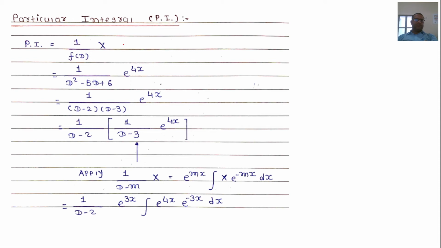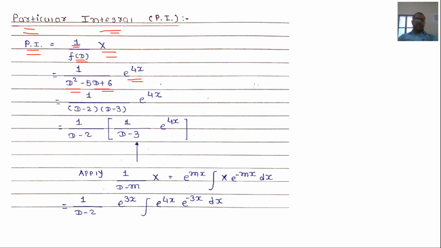Now find the particular integral PI. As we discussed in our previous session, for any non-homogeneous differential equation, the particular integral is given by PI is equal to 1 upon f of D into capital X. Now put the value of f of D, D square minus 5D plus 6, and capital X as e raised to 4x.